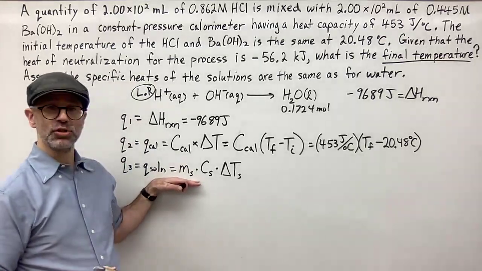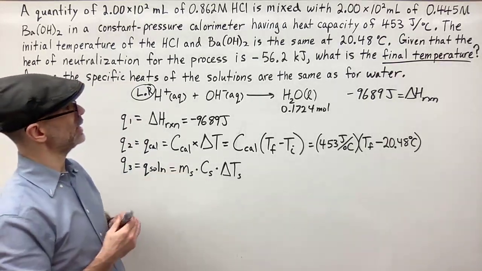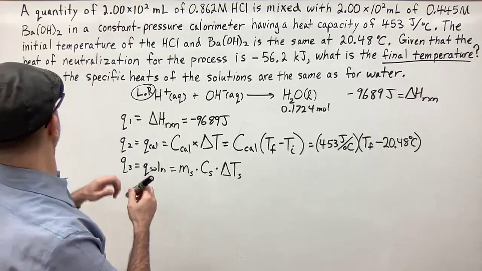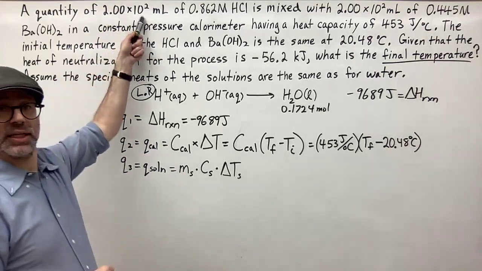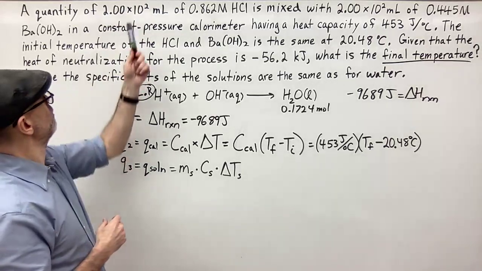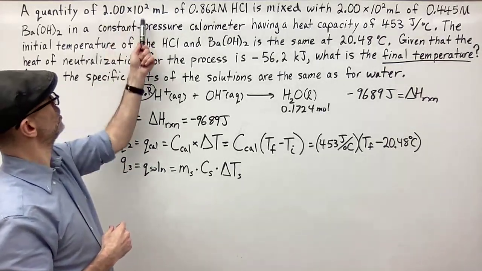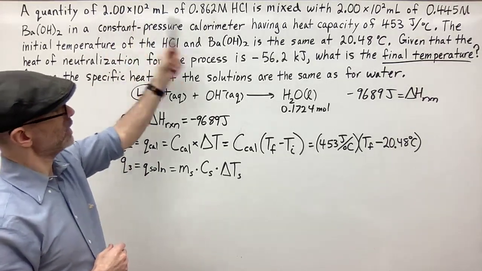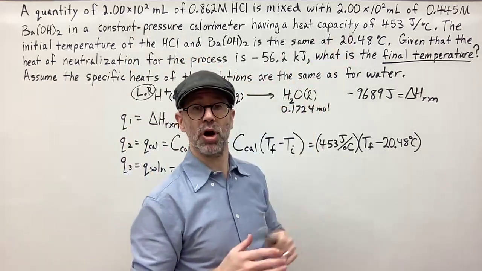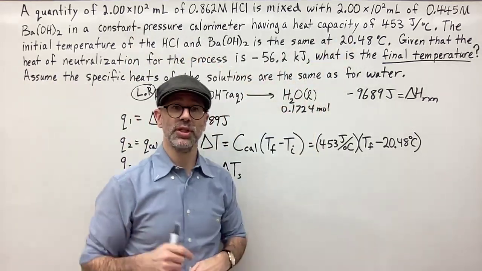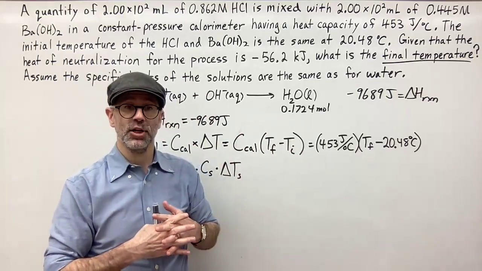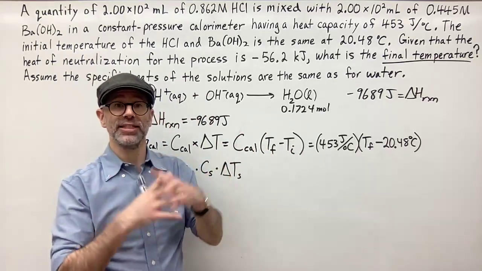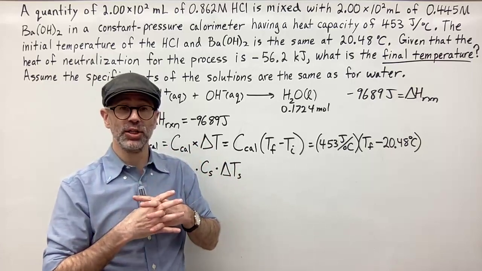So the mass of the solution is, they gave us the milliliters here, right? So we have milliliters of solution here mixed in with milliliters here. So we have 200 milliliters of one solution, 200 milliliters of another solution. They're added together, right? So the solution now has 400 milliliters.